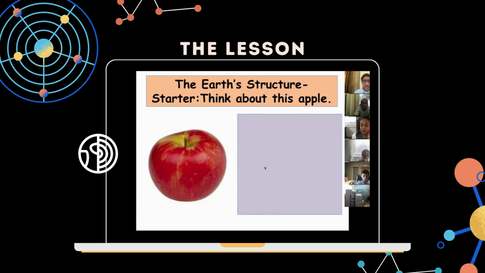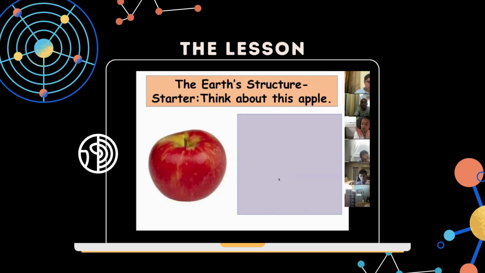The apple bit inside is like the mantle. Why do you think it's like the mantle? Well, the mantle is basically somewhat like the inside of the earth, but not exactly the center bit, like the core, and the apple is kind of like that as well. Okay, lovely point.